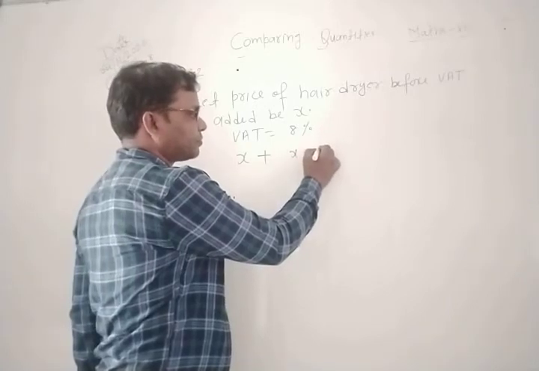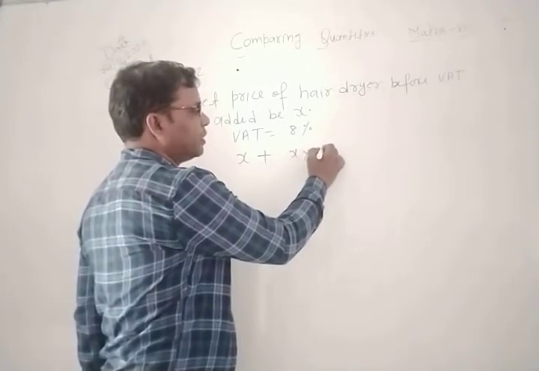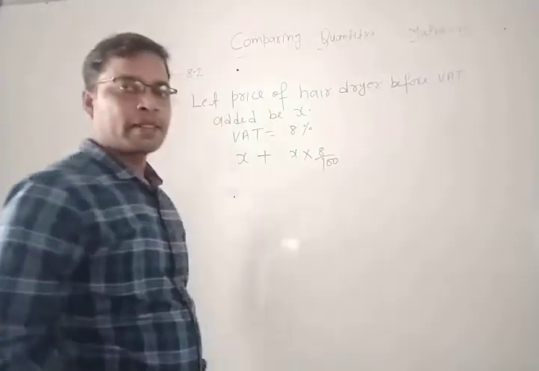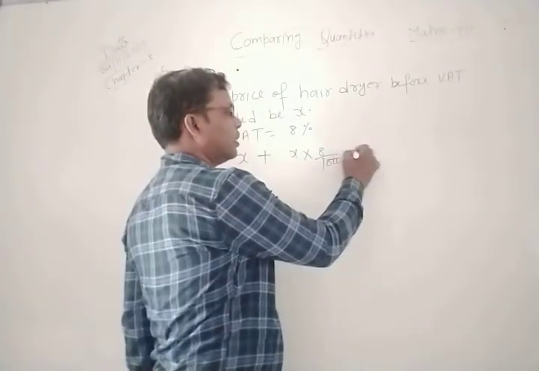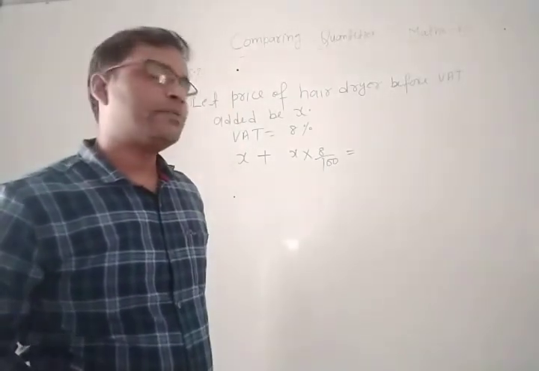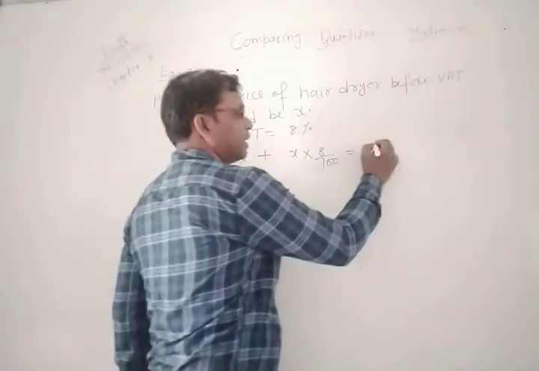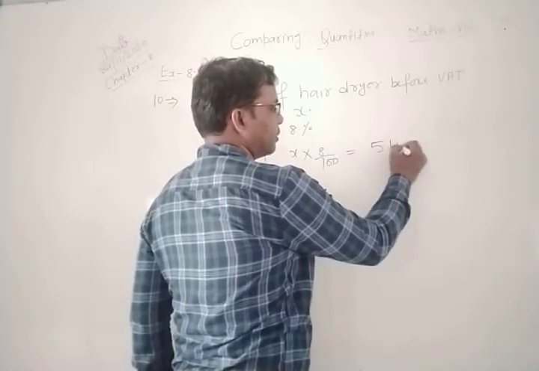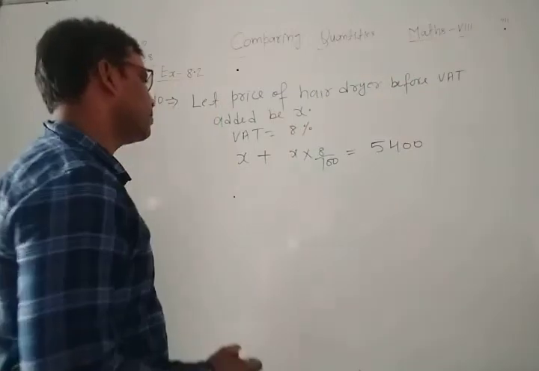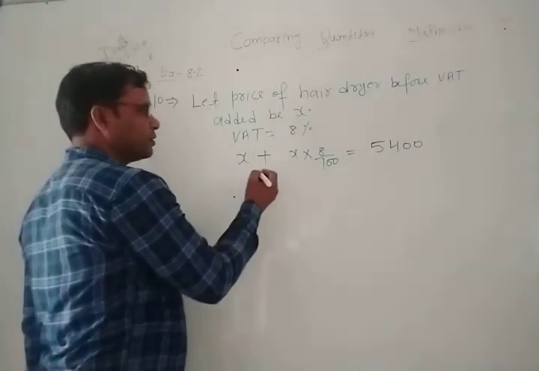So this is equal to 8 upon 100 of x. The selling price of hair dryer is given here 5400 rupees. This is given. This is clear.